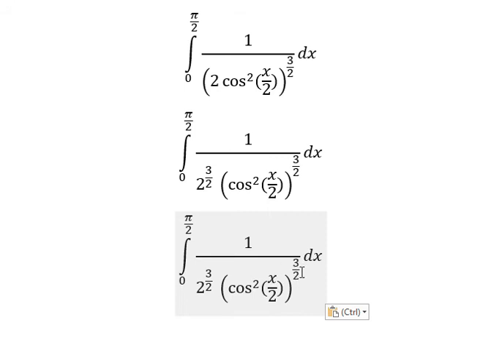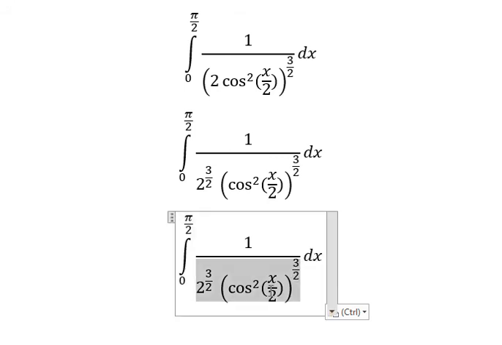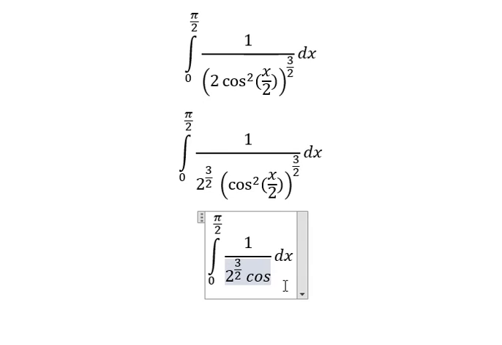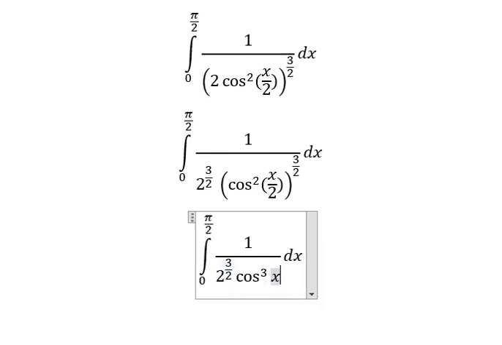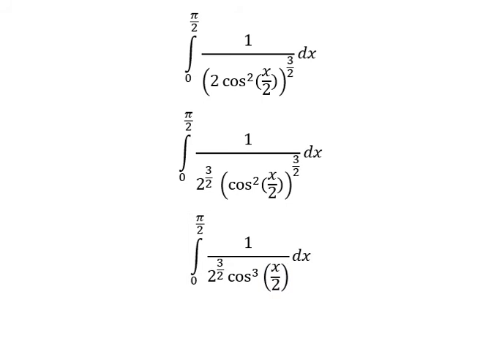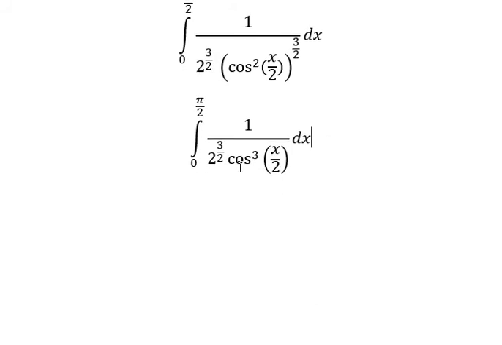So number 2 multiplied by 3 over 2, we will have about cosine s over 2 to the power of 3. So we put this number go outside.